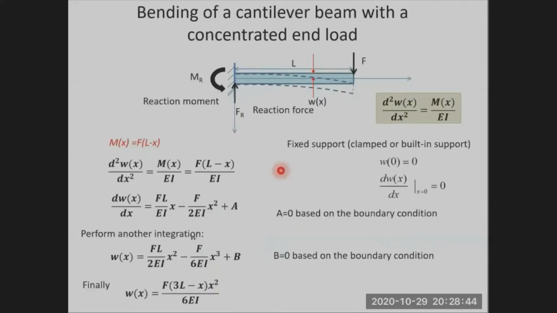Let's take a look at one example. Bending of a cantilever beam with a concentrated end load. We assume this force is applied to the tip. Please note that it's not necessarily applied to the tip. It can be applied in the middle, 1/3, or any arbitrary position. Now let's simplify the discussion by assuming that this force F is applied to the tip.